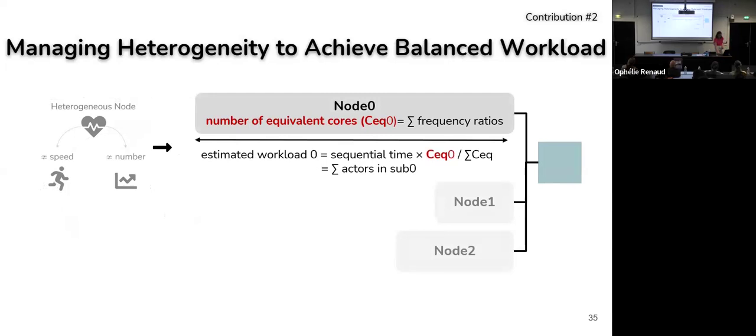And then to estimate the workload, we play with the proportion between the sequential execution time of the application and the number of equivalent cores per subgraph. Then we construct the subgraph, adding the actors following the topological order to reach this estimated workload.